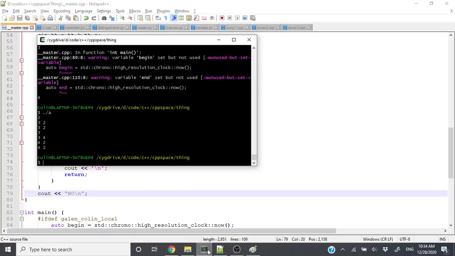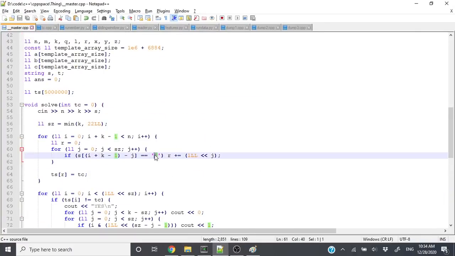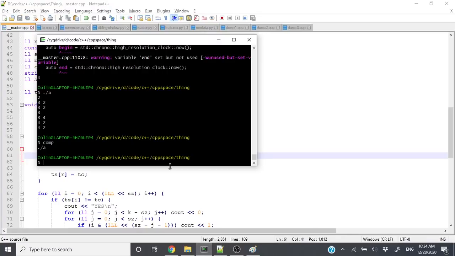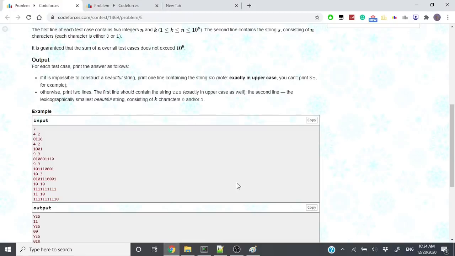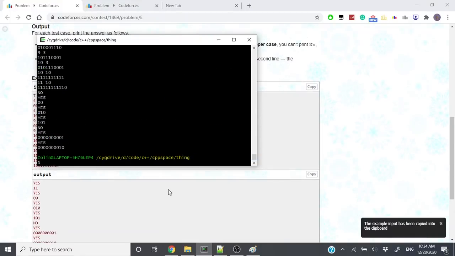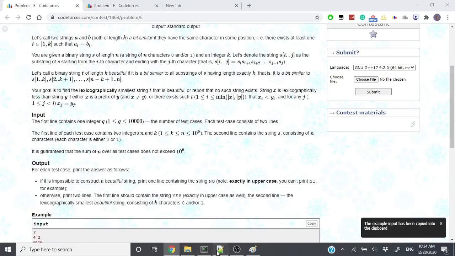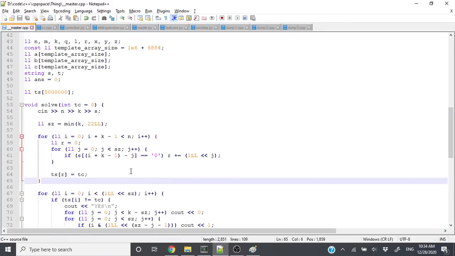Okay. All right, actually, this should be 0 because a complement blocks out its complement.